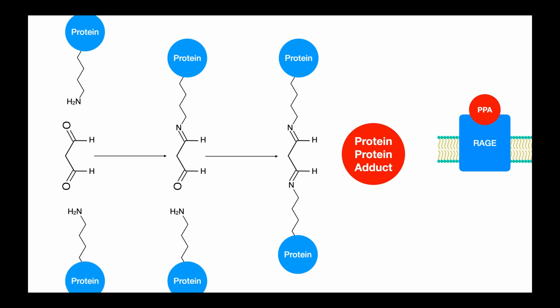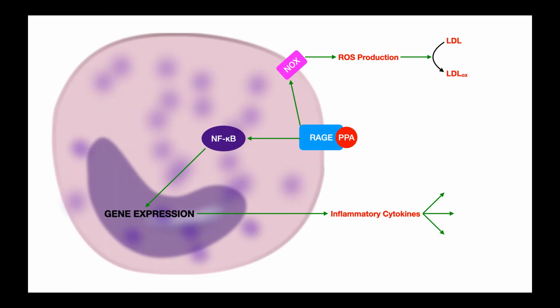And this is clinically relevant because, like the AGEs, the advanced glycation end products, these protein-protein adducts can also bind to and activate RAGE, the same receptor that AGEs acted on. And I don't want to go into this in too much detail, but remember, if the protein-protein adduct can activate RAGE, it can also activate these other pathways. It can activate the production of more reactive oxidative species through NOX, NADPH phagosome oxidase.